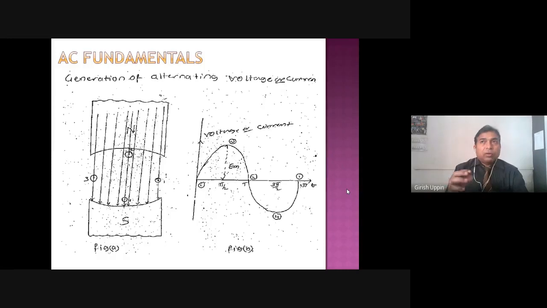If you have done some kind of experiment, when we move the magnet, it induces the EMF in the conductor. Let us say you have a coil connected to a small bulb. When you are moving the magnet towards it, you will see the light glowing up and glowing down.